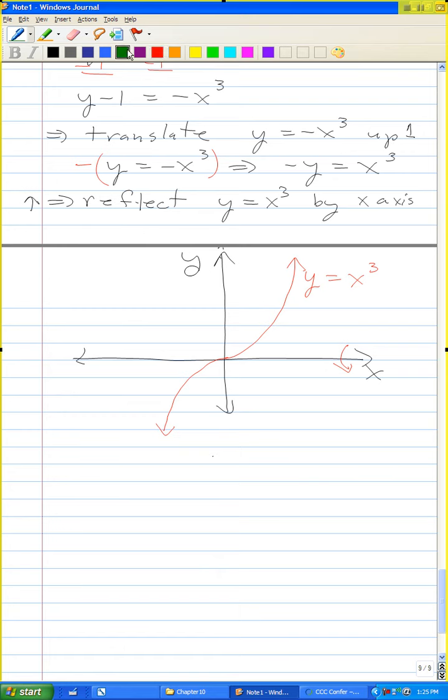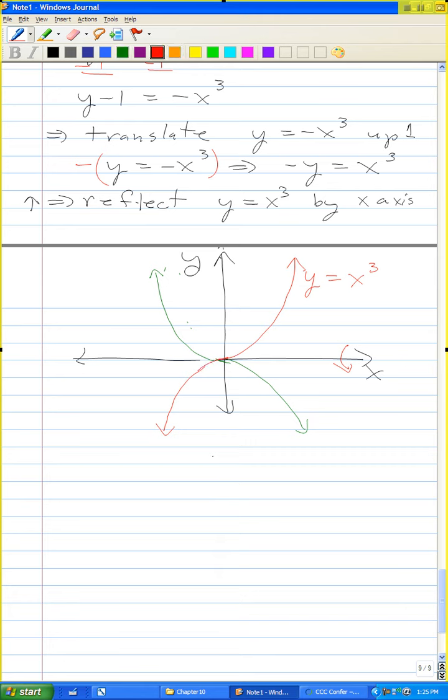Maybe I'll give it a green color. So once I've reflected about the x-axis, it should look something like this. A little bit better.